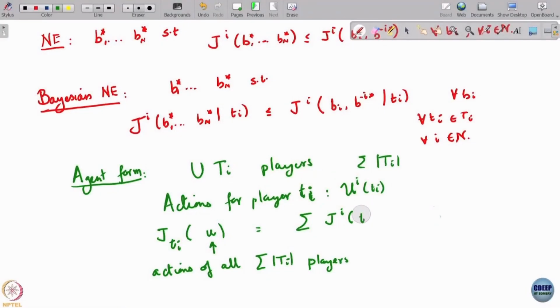If you remember, this is (t, u), and then I take P(t-i given ti) and do a summation over t-i. So, assuming an action profile u taken by all the summation of Ti players, you just take the average by doing a conditional expectation over t-i. This now defines a payoff for type Ti of player i, which for us is player Ti. Is this clear?